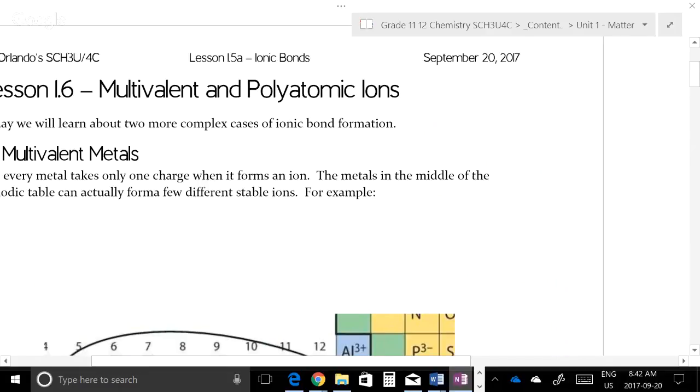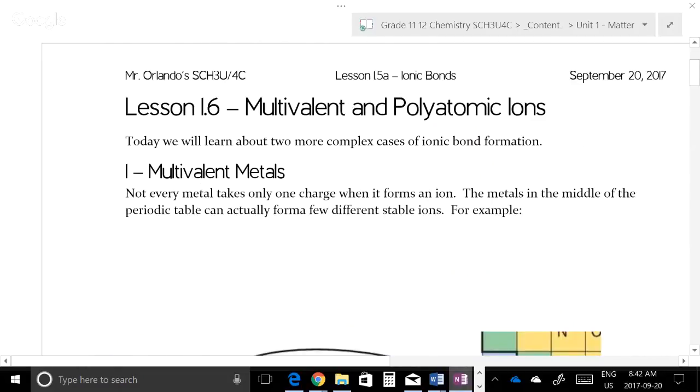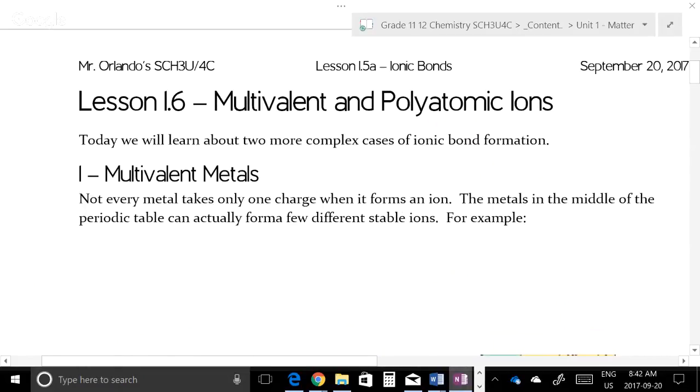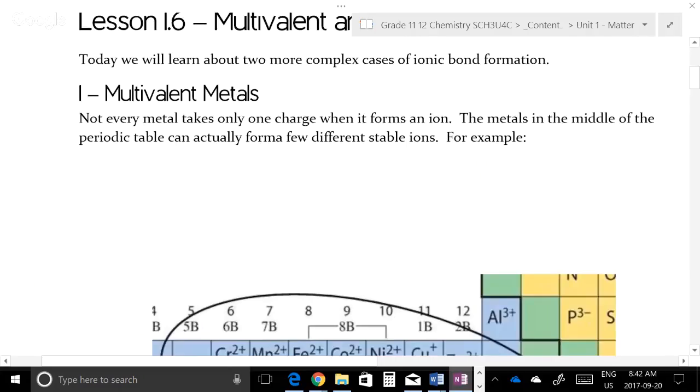It tends to be a sticking point, which is that yesterday we looked at metals like lithium, beryllium, magnesium, aluminum, zinc, all metals that it's easy to figure out what charge they'll take when they make an ion. Does that make sense? But some metals can form more than one stable ion. Some of the big metals, the heavier ones, can have different electron arrangements that are stable even if it's not a full shell.